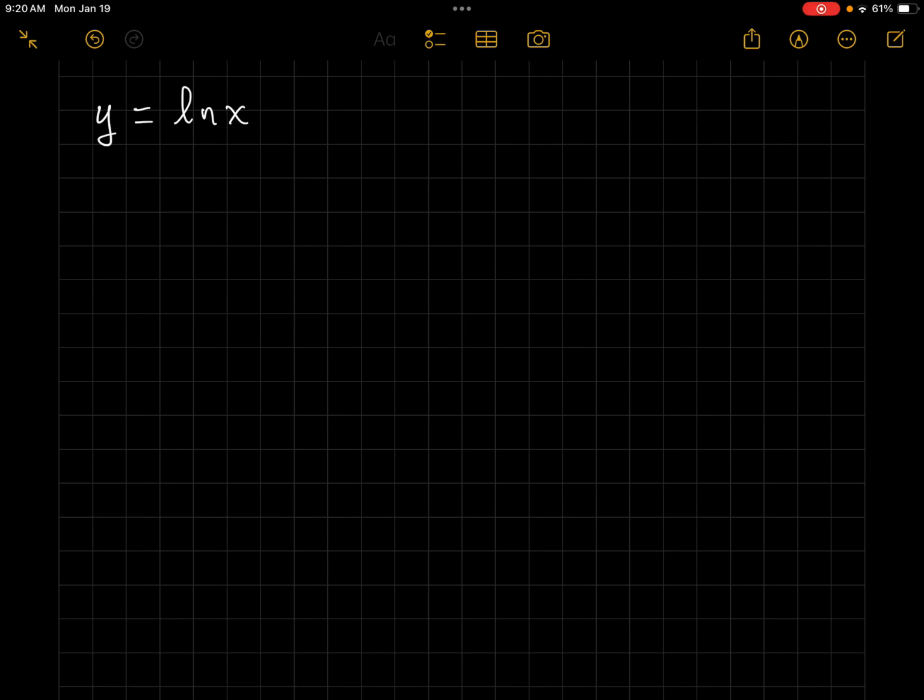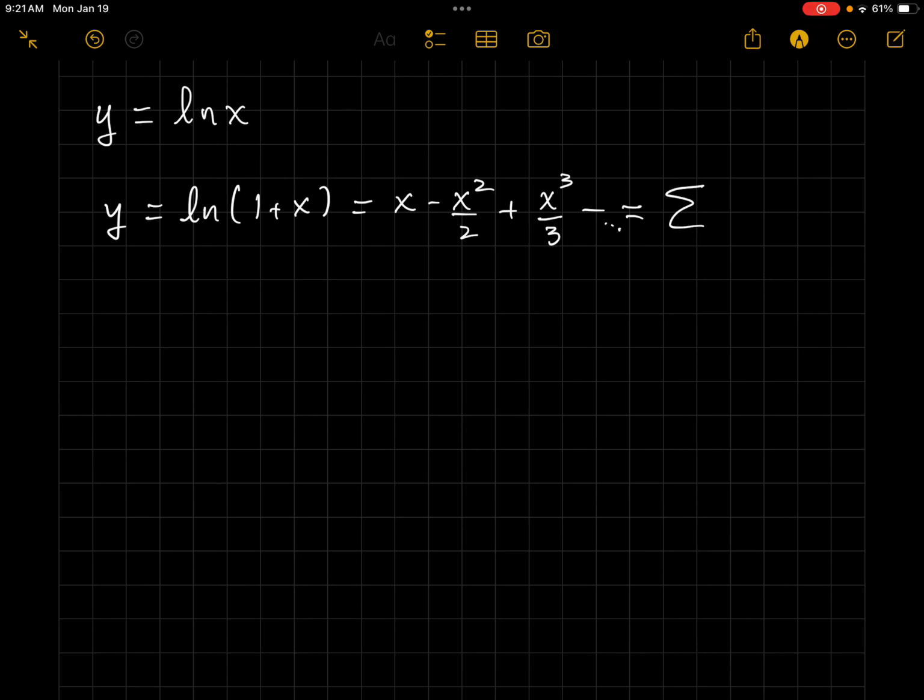Well, for now, I'm going to start with a known one, which is the natural log of 1 plus x, which I know to be the following: x minus x squared over 2 plus x cubed over 3, etc. And then the general term that we wrote above of negative 1 to the n, x to the n plus 1 over n plus 1. So how could I get to what I want from what I have?